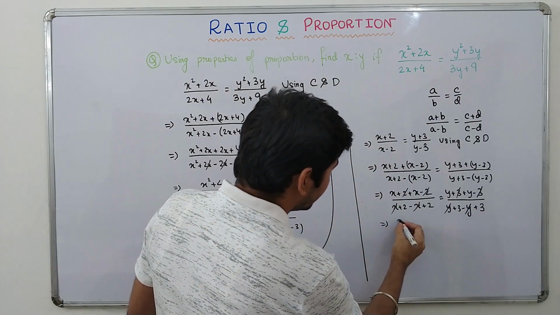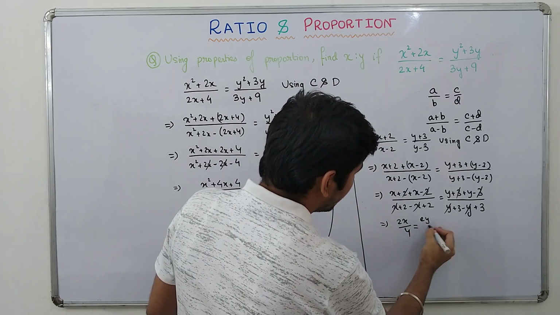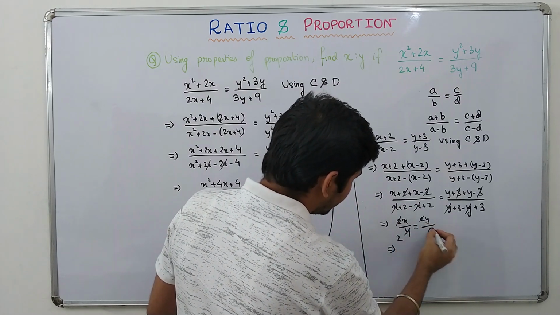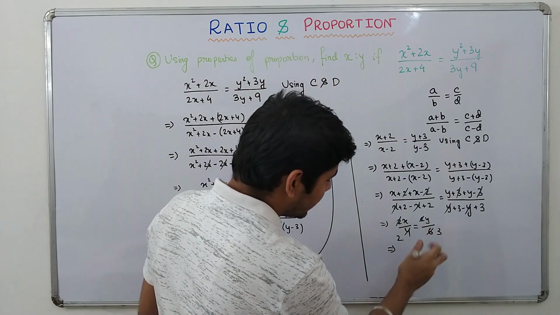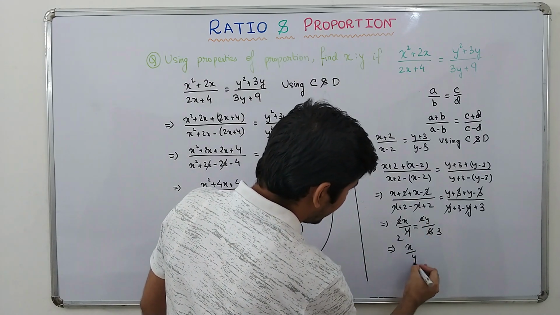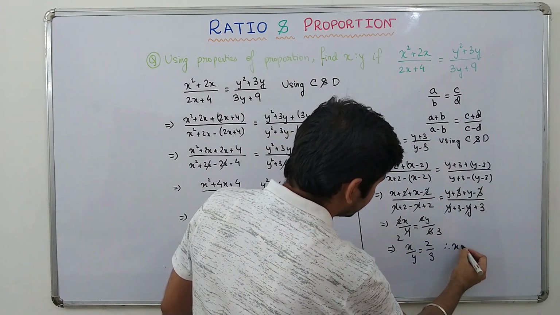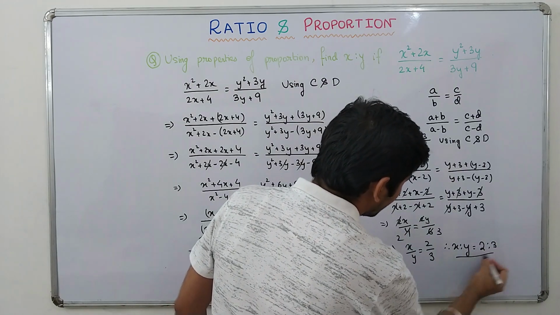So we get 2x by 4 is equal to 2y by 6. So we get 2 over here, we get 3 over here. Now y will come over here and this 2 will go over there. So we get x by y is equal to 2 by 3. Therefore, x is to y is equal to 2 is to 3, which is your answer.